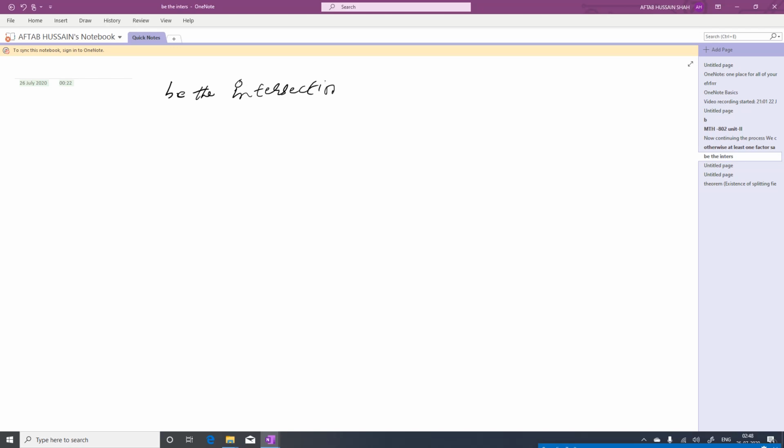This intersection is non-empty because at least E is a member of it. K is the intersection of all the subfields of E containing F. This is important.